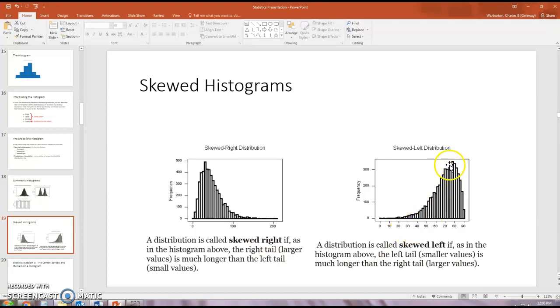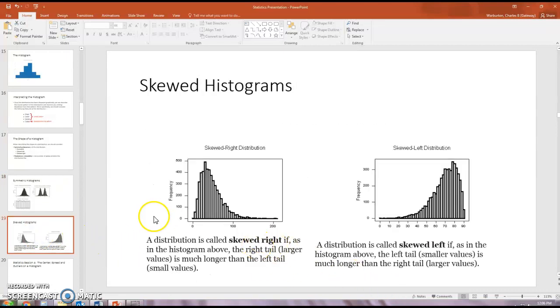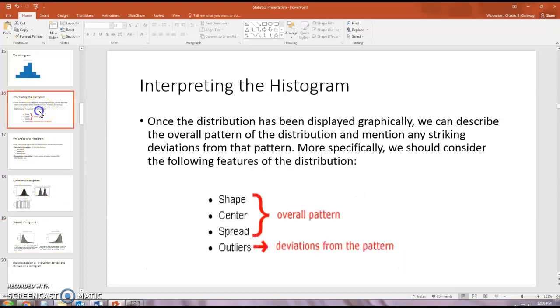In this case, the left tail is much longer, so that's called skewed left. So we have symmetric histograms that are unimodal, bimodal, or uniform, or skewed histograms that are skewed left or skewed right. So that is how we determine the shape.